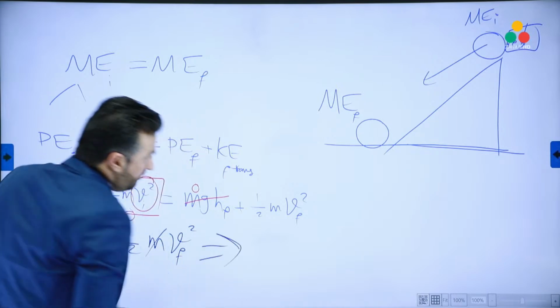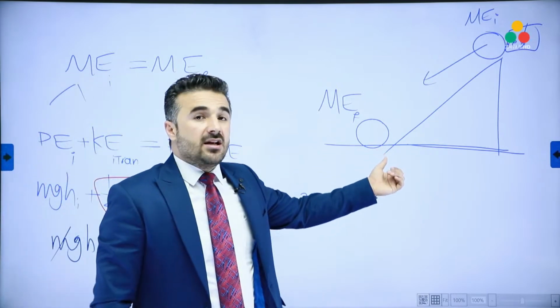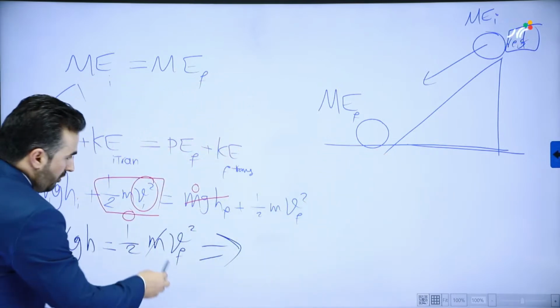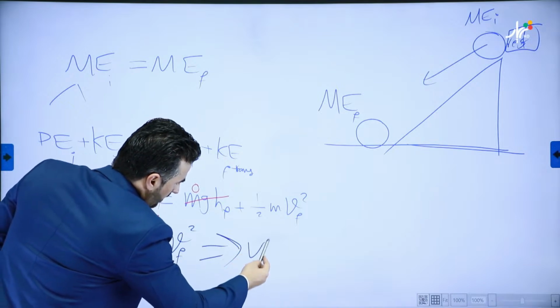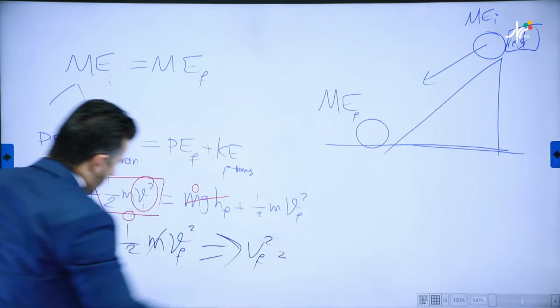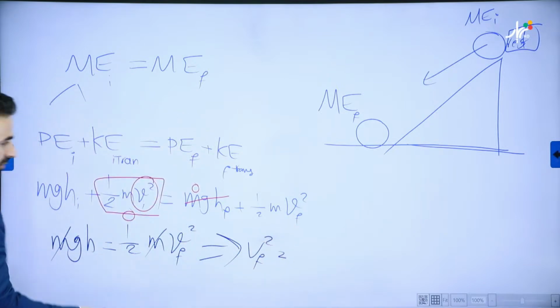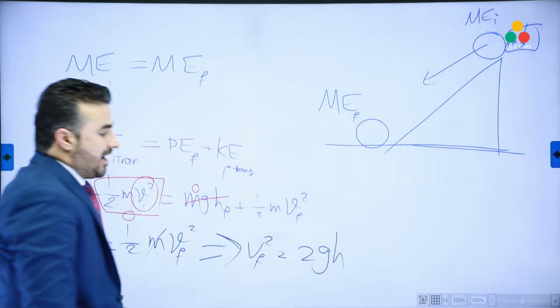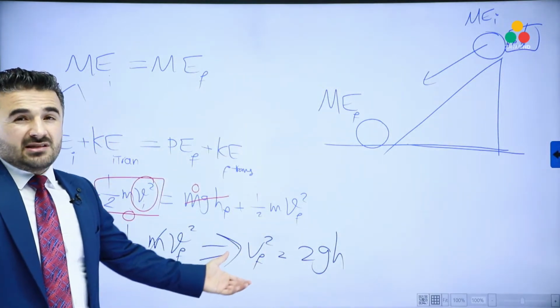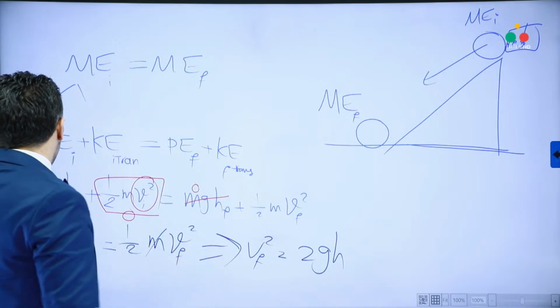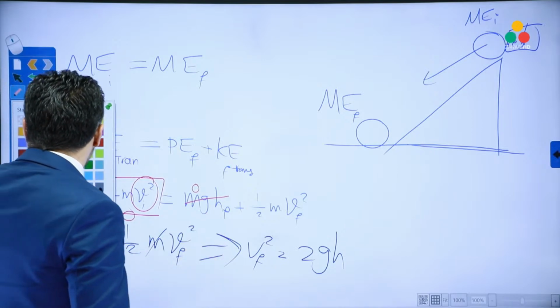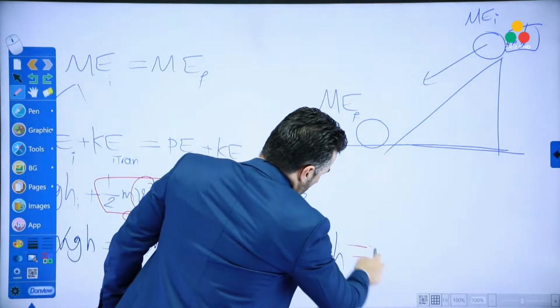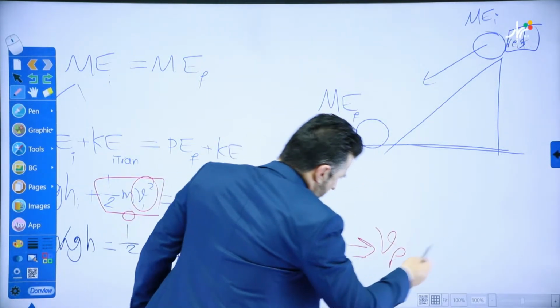So if we want to find the translational speed at the bottom of the incline, so v final, let's just go ahead with v final, equal to 2 times what? 2 times gravitational acceleration times the height, but we want the velocity or the speed at the bottom of the incline. So in this case, we can say final speed, let's call it.